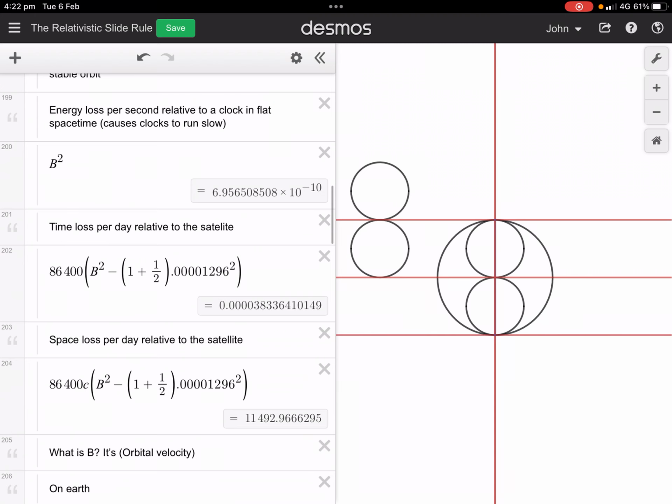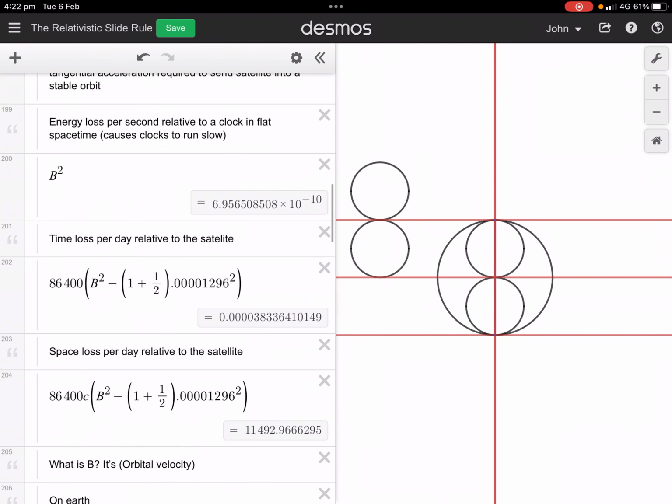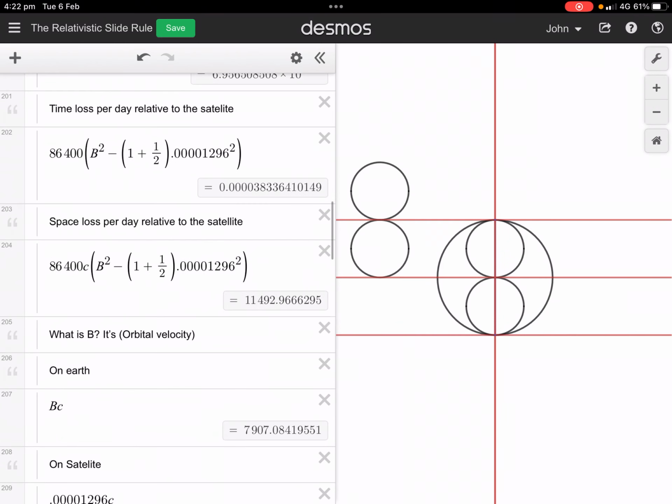And notice that it's quite a simple relationship, and in fact the potential energy of the satellite is whatever b squared is, and the kinetic energy is half that, and it's due to the sideways boost that's been given to the satellite to put it into a stable orbit. So it's a tangential acceleration that has to be given to it, and that causes further time loss.